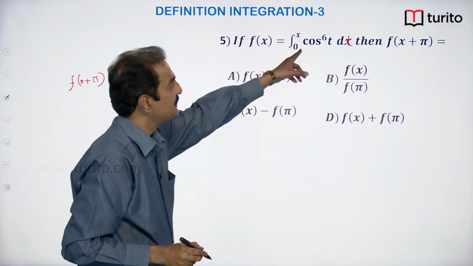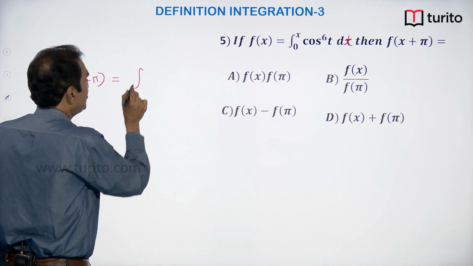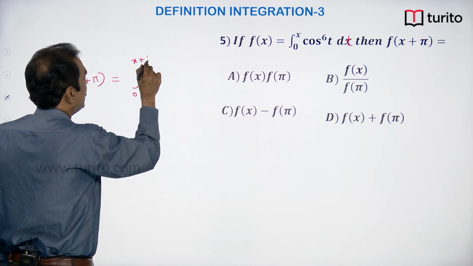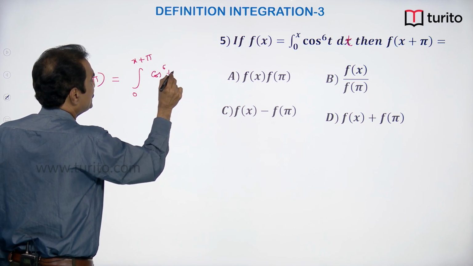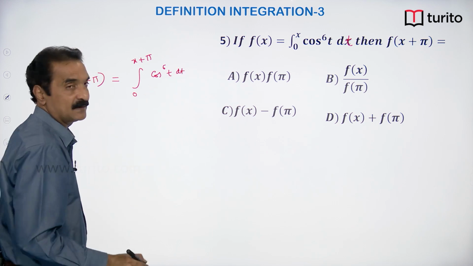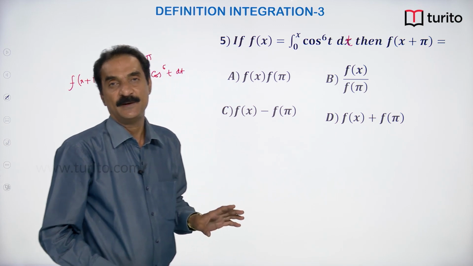If f of x is this integral, f of x plus pi will be integral 0 to x plus pi cos power 6t dt. Now, we have to express this in terms of f of x and f of pi.